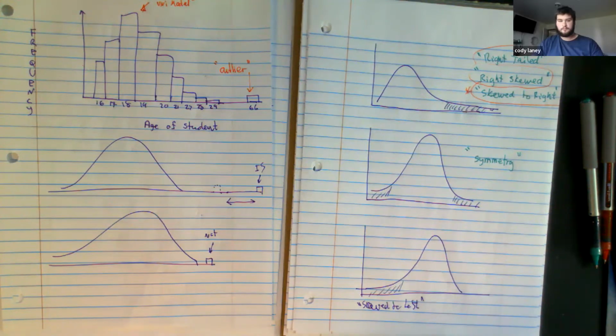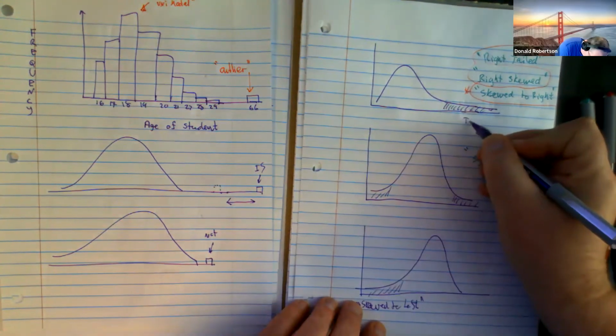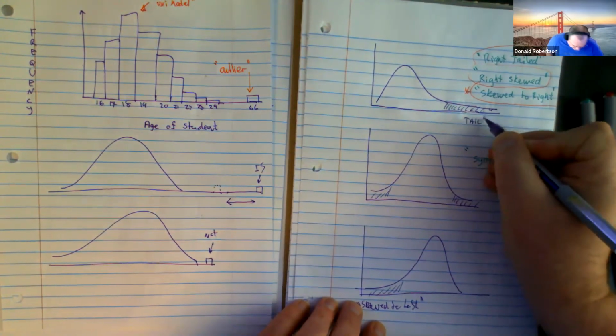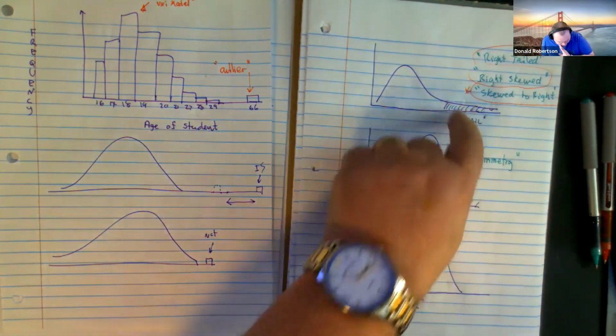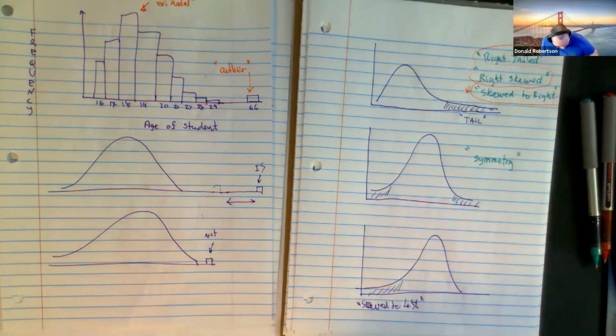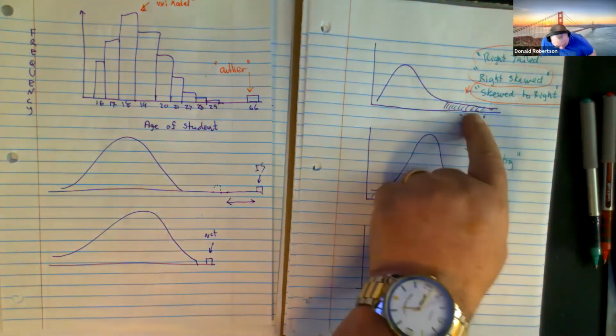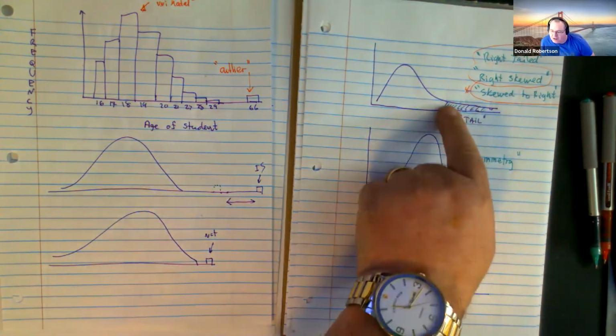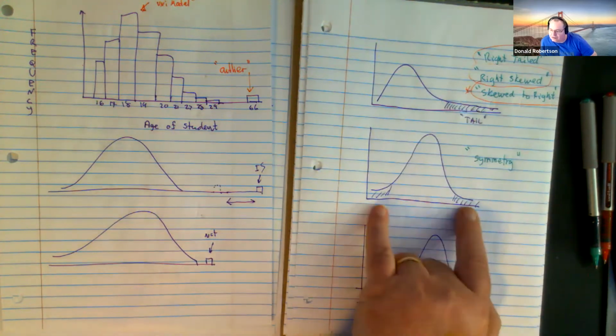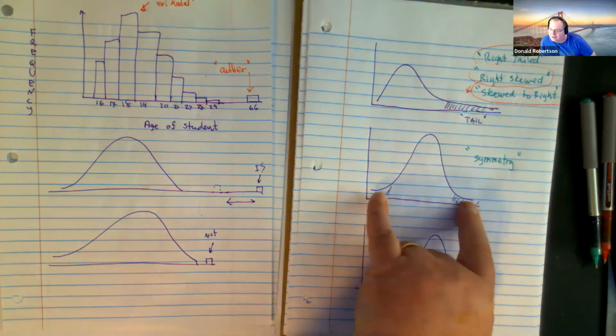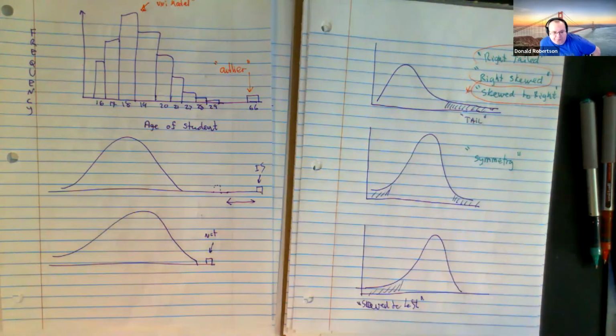It's called the tail. So that's the tail. When it's skewed left or skewed right, we normally just call the tail the long one, right? When it's symmetric, you could really say it's got two tails. Would you agree that each tail is just as big as the other? Right, so we're looking good.